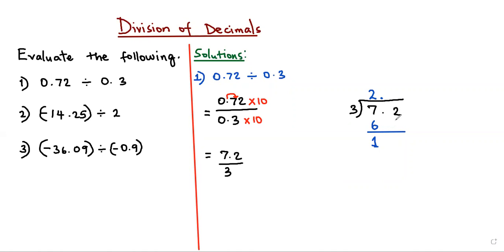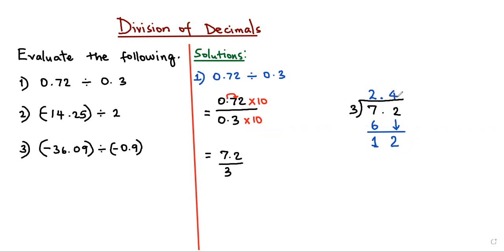Okay. Now we can bring these 2 down. Now, when we bring these 2 down, we just need to look at it as 12. Now, get 12 divided by 3. What do we get? 4. We get 4. Write 4 on top of 2.